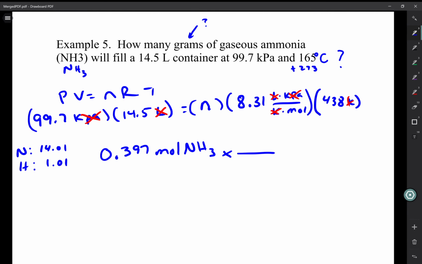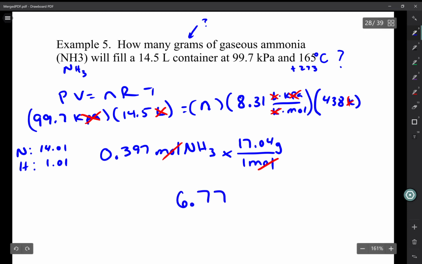So 14.01 and 3 hydrogens, you add those up: 17.04 grams, that's on top, and 1 mole on the bottom. Moles cancel out. So 0.397 times 17.04 gives 6.77 grams of NH3. All right, there you go.